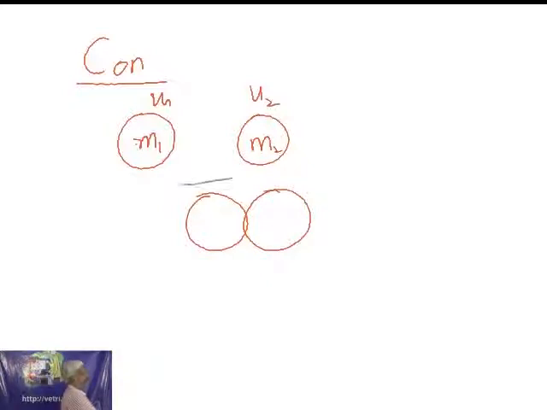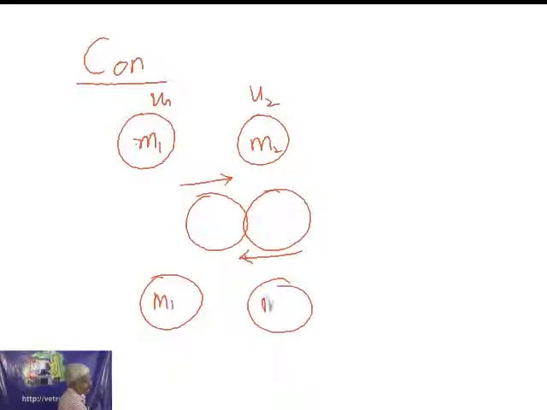Therefore, one body exerts a force on the other, and the other body also exerts a force back. After that the bodies move. The mass of the body doesn't change, we know, but the velocity changes to v1 and v2. So this is the system I consider. m1 is the mass of the body moving with velocity u1, and m2 is the mass of the body moving with velocity u2.